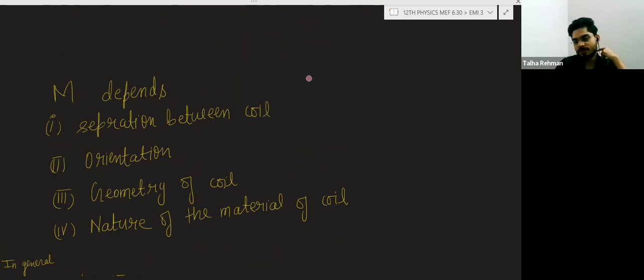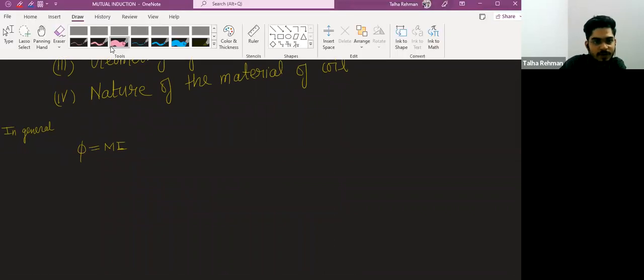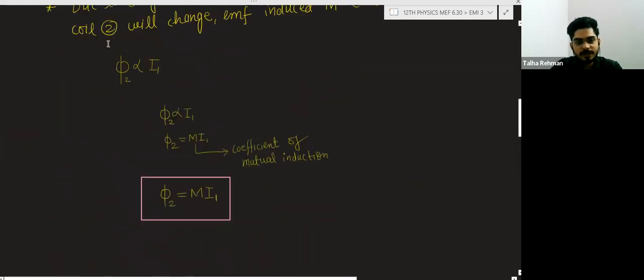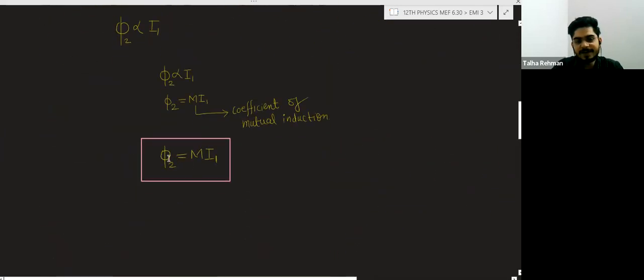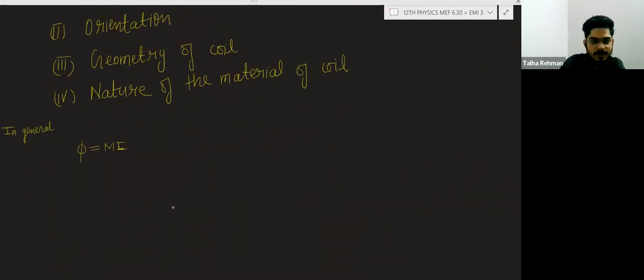Now, I can write in general flux is equal to MI. So we know the Faraday law of electromagnetic induction. Here I can write phi is equal to MI. So what is Faraday law of electromagnetic induction? E is equal to minus d phi by dt.